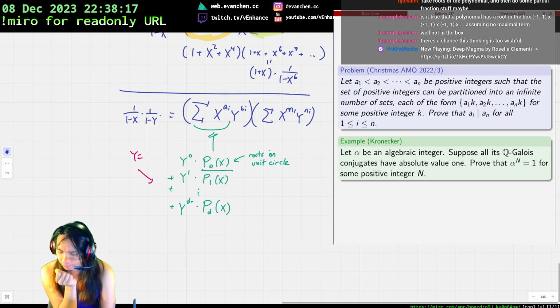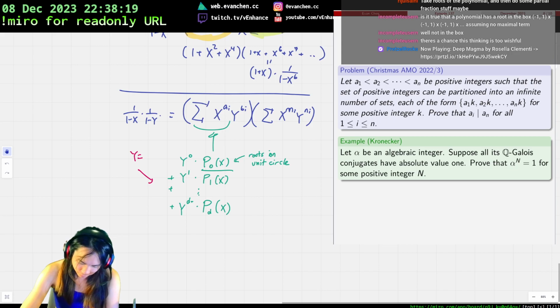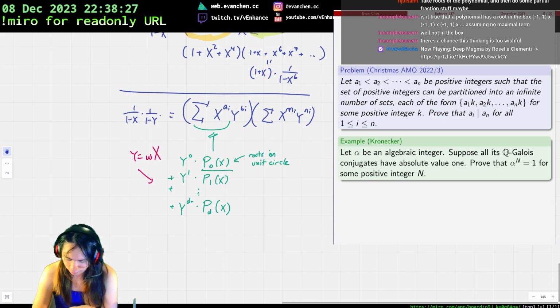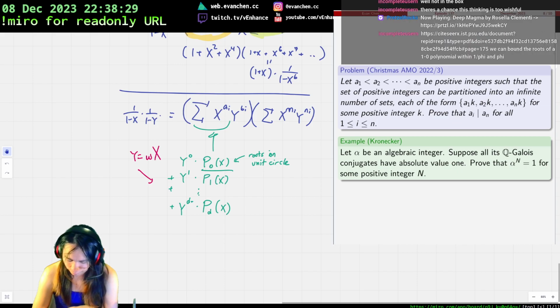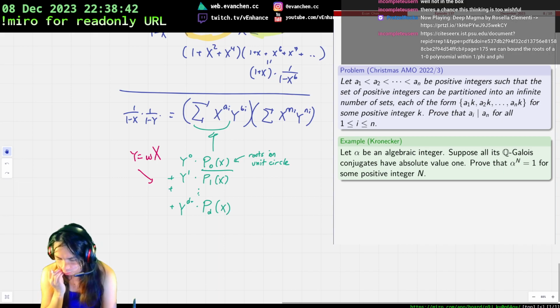In fact, here's an idea. What if I let y be something on the unit circle times x? The reason this is useful to me is because that way, with y becoming a multiple of x, the constant coefficient of this polynomial is still 1. Yeah, it's still 1.